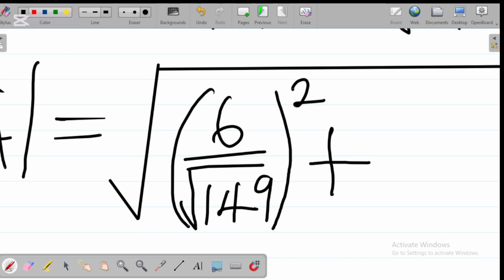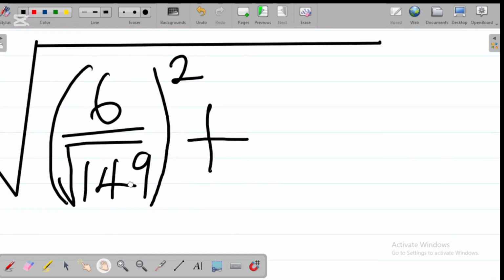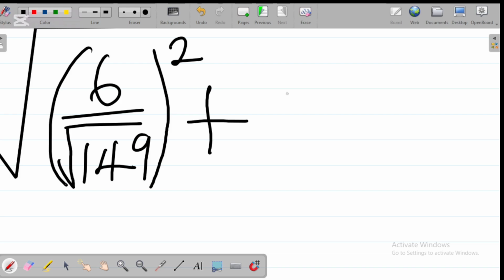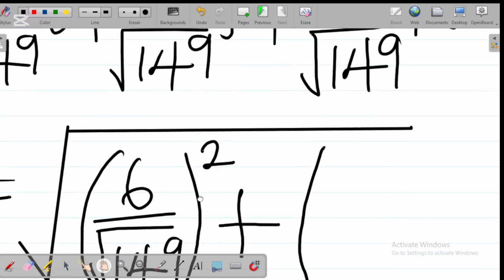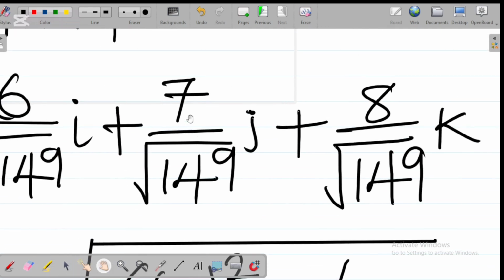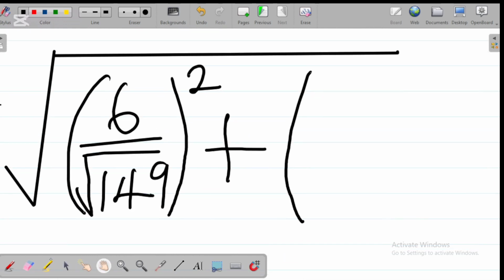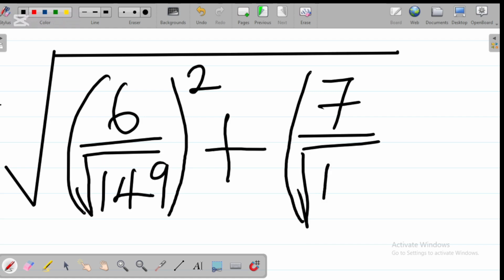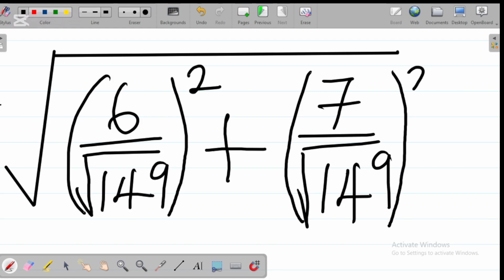Plus, we are also going to square the coefficient of j. The coefficient of j is 7 all over square root of 149. So we have 7 over square root of 149, and then we square it.